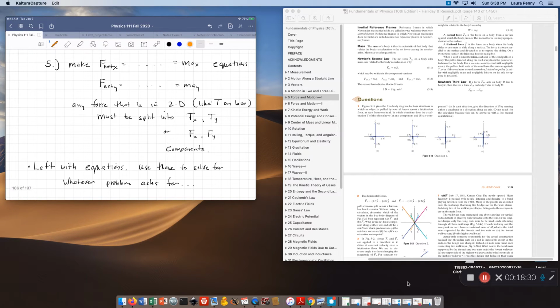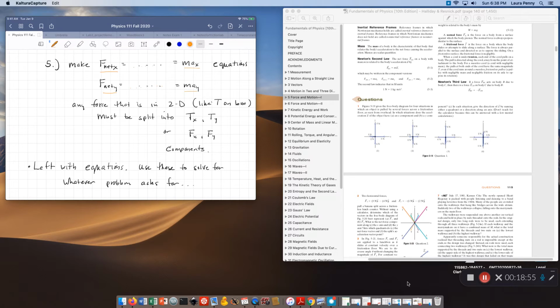Once you have your free body diagram, then you're going to use the forces in the pictures to figure out what your F net x equation is and what your F net y equation is, where you add the x parts of the forces all together and you say that has to equal the mass times the acceleration. You add all the y forces together and you have to say that equals mass times the y acceleration.